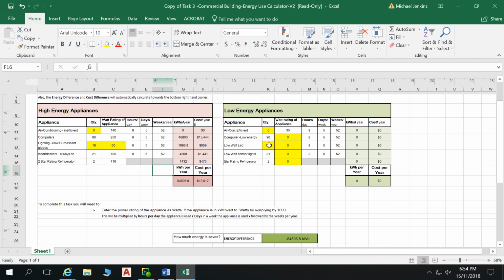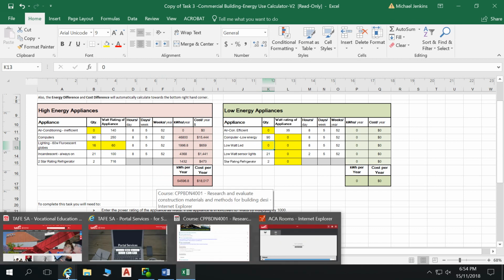Now, our low watt LED. Well, let's quickly find a low watt LED.